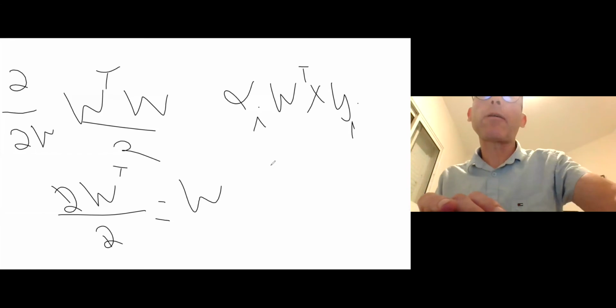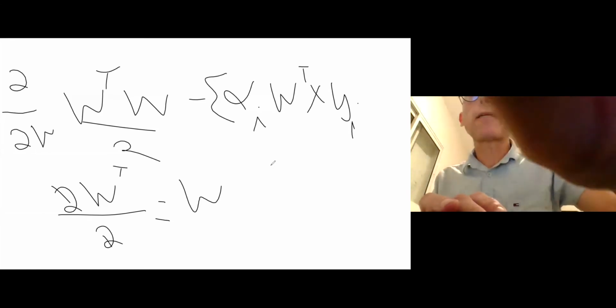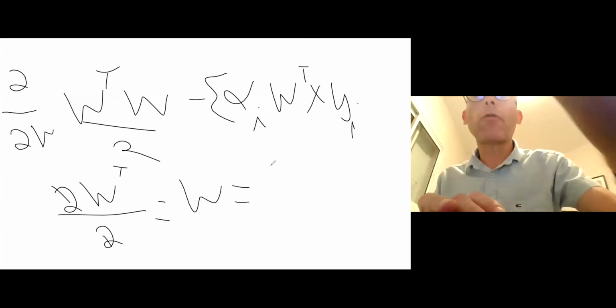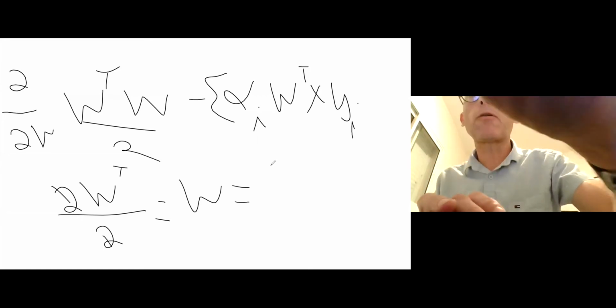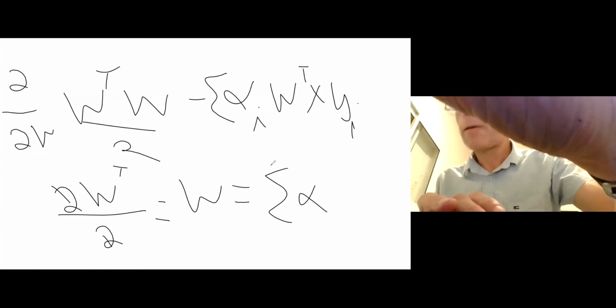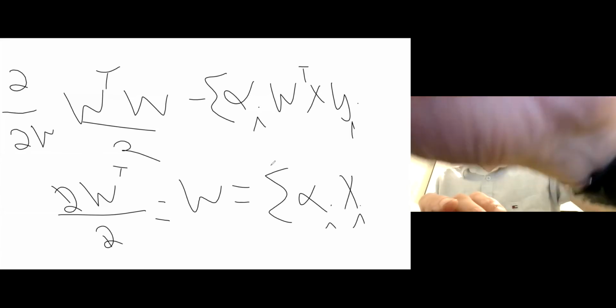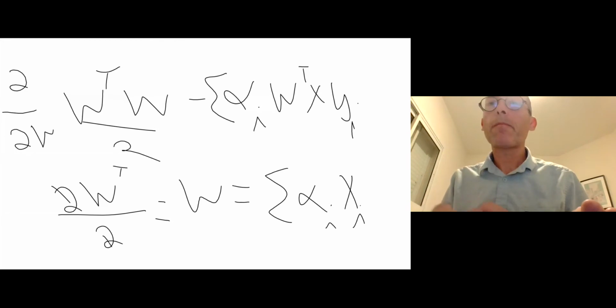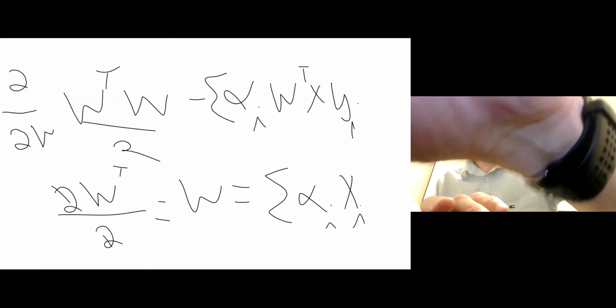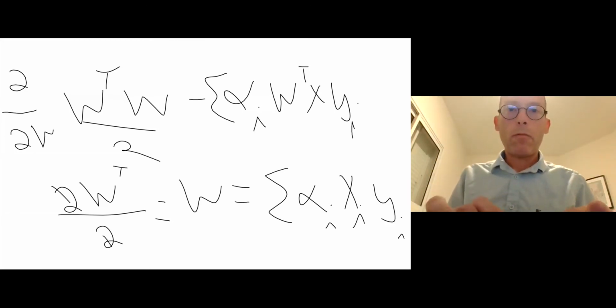So if we take the derivative with respect to W, and this is minus, and a sum, we get W equal, and equating to 0, we get W equals the sum over i of alpha i, x i, y i.